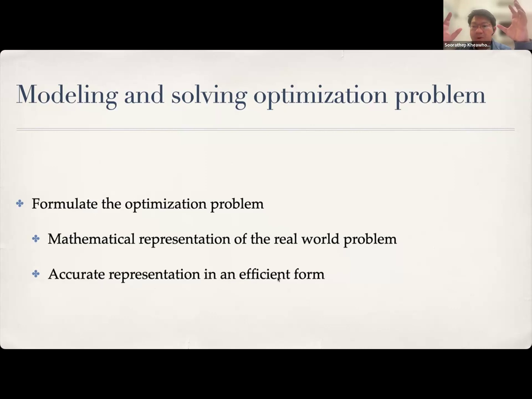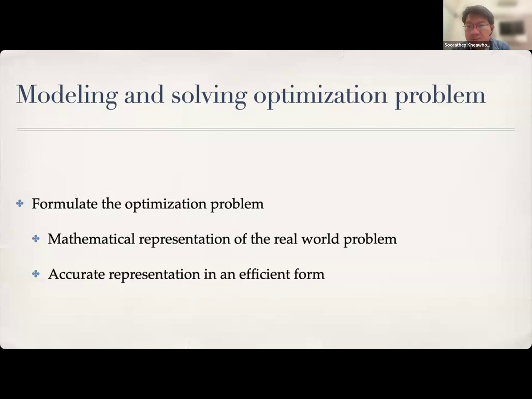For example, if you have a real world problem which is of course nonlinear, the behavior is totally nonlinear. So in order to represent it in an accurate form, of course, you need a nonlinear function to represent the real world problem, right? But you have to trade off with the efficiency, because we need efficient form.